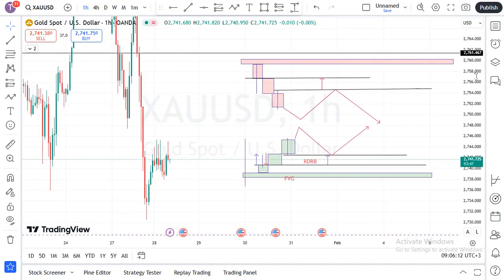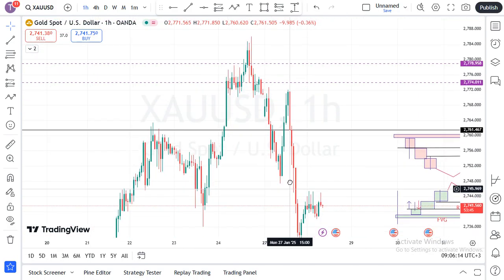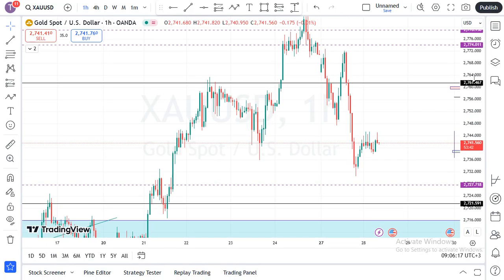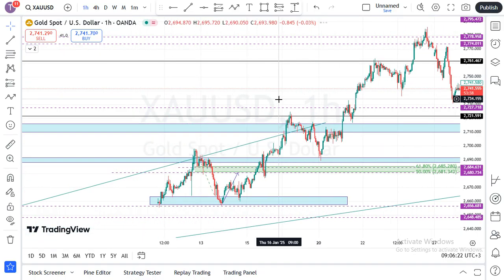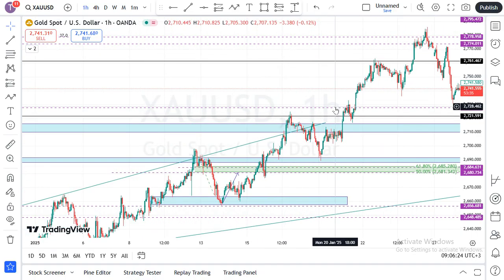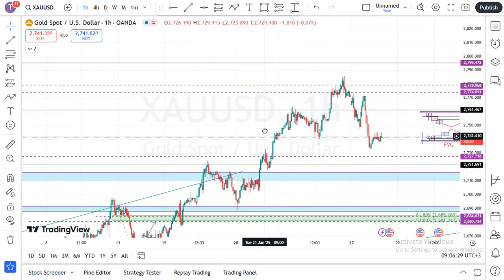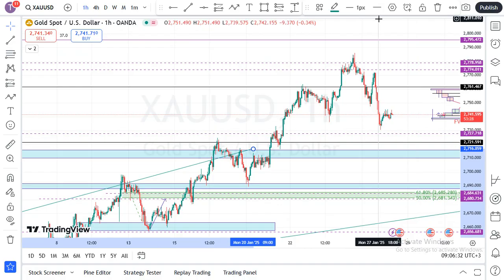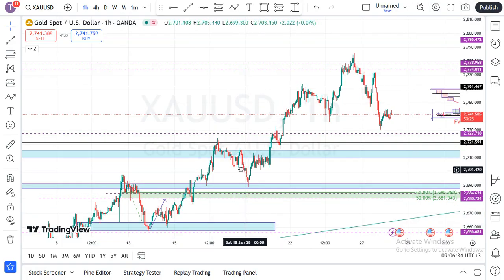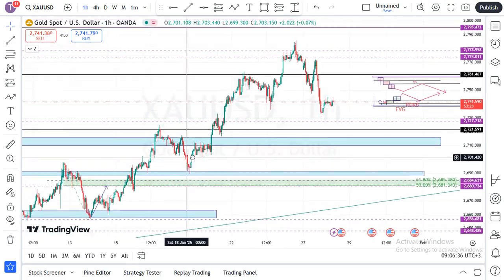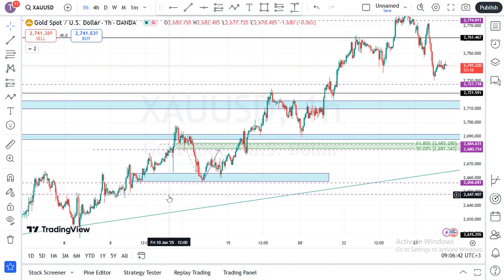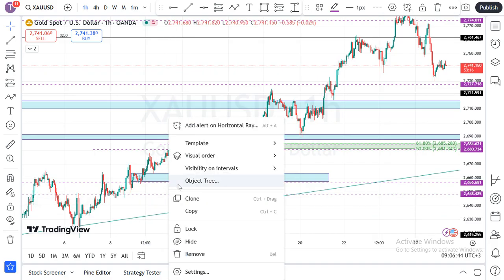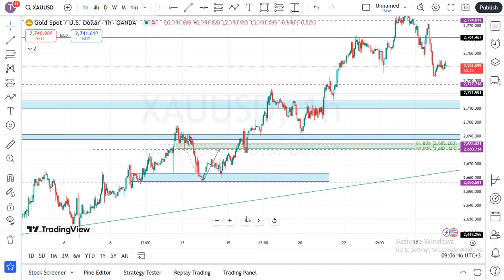Okay, let me come to the chart here and we see what's going on. I had a setup here. Okay, we got it right. Let me remove everything.